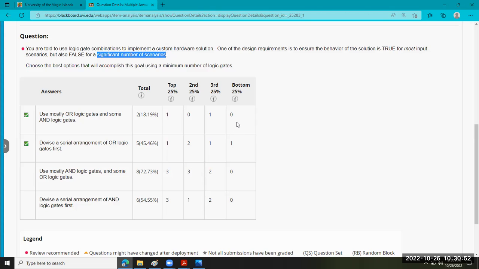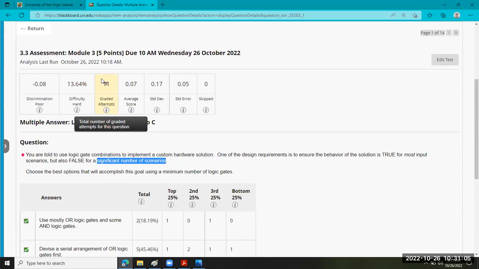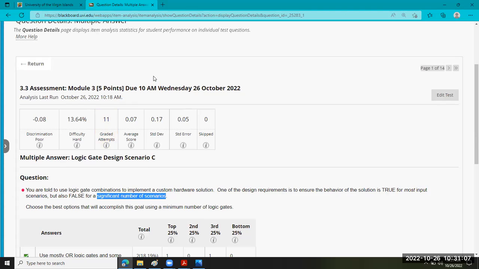And in the retake, in your final attempt, you'll have a chance to take another shot at this multi-answer question. Are there any questions or concerns about this one before we move on? I know we took quite a while to explain that, but I wanted to be sure everybody was up on it.